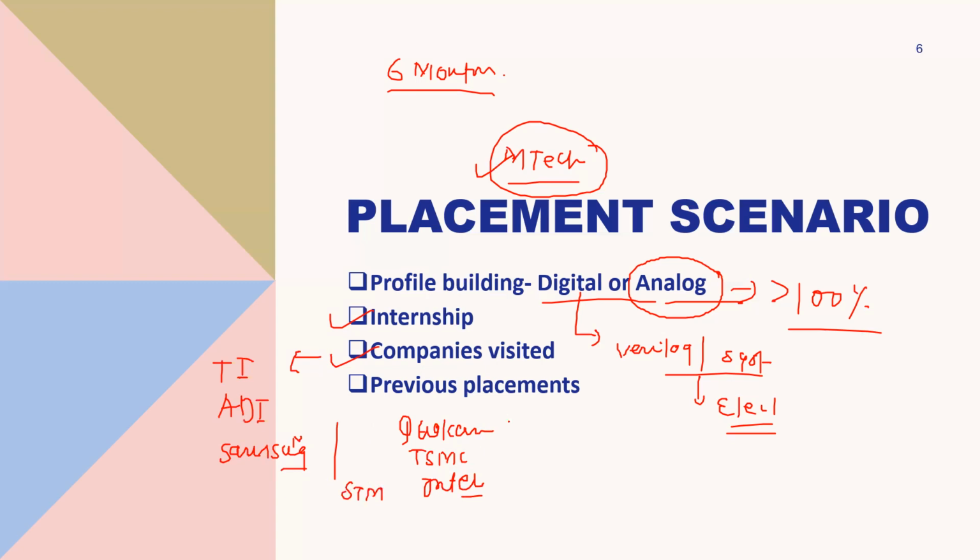So these are the companies visited as per my report of the previous year. TI, ADI, Samsung are going to allow people from this branch also, but there is a little concern about this. TSMC mainly allows people from the electronics department, not from the electrical department.